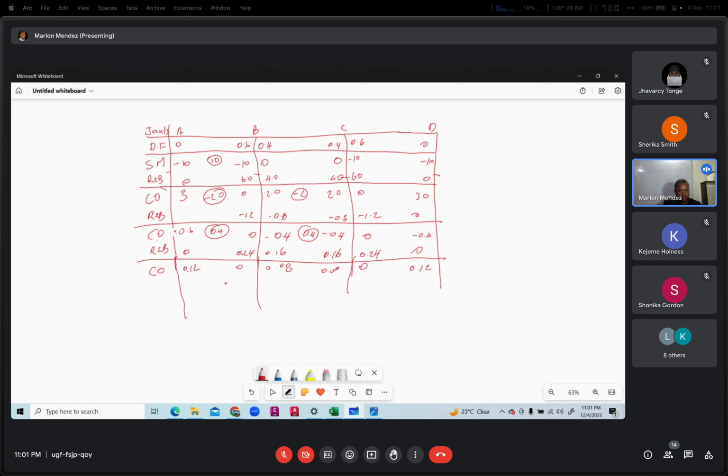It's kind of symmetric. So we release and balance. This now what? Negative because this is positive. So this automatically becomes negative.